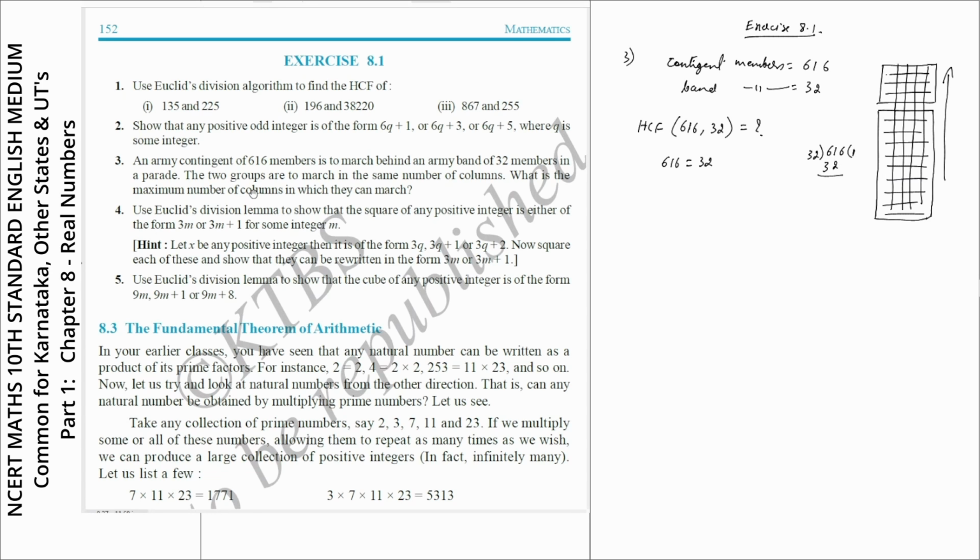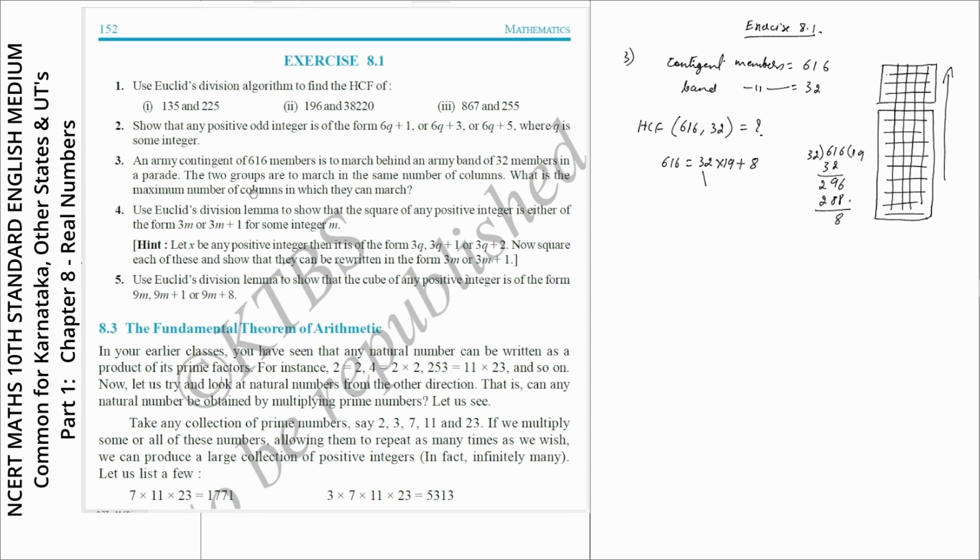So 11 minus 2 is 9. Then 5 minus 3 is 2. I'll take this 6 here. Then 32 9s are 288. So the remainder is 8. So 616 I can write as 32 into 19 plus 8.